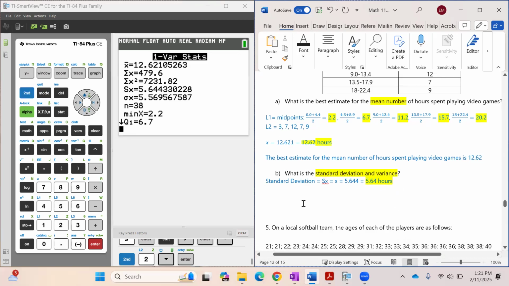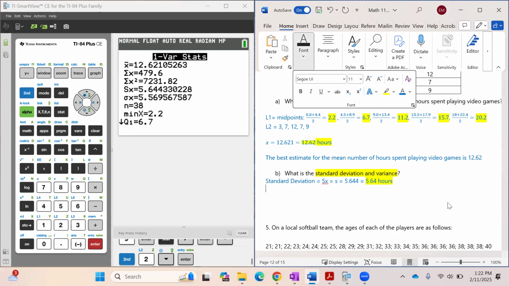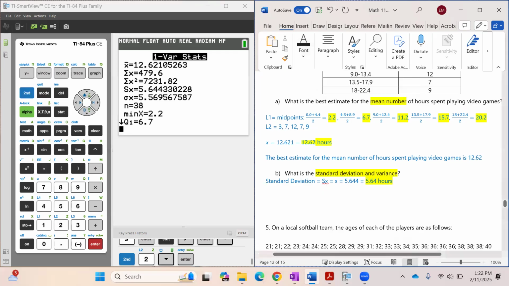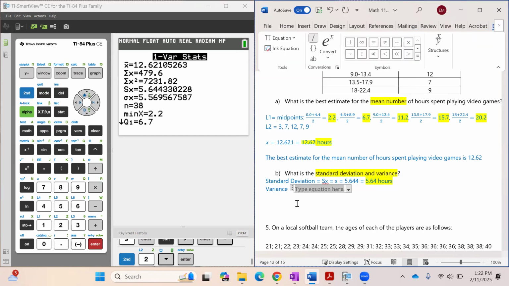Variance is just the entire standard deviation squared. So what we'll say here is variance equals, and it's just that entire number squared. So let's type that out. We'll do Sx squared, which just equals S squared, which equals 5.644330228 squared.